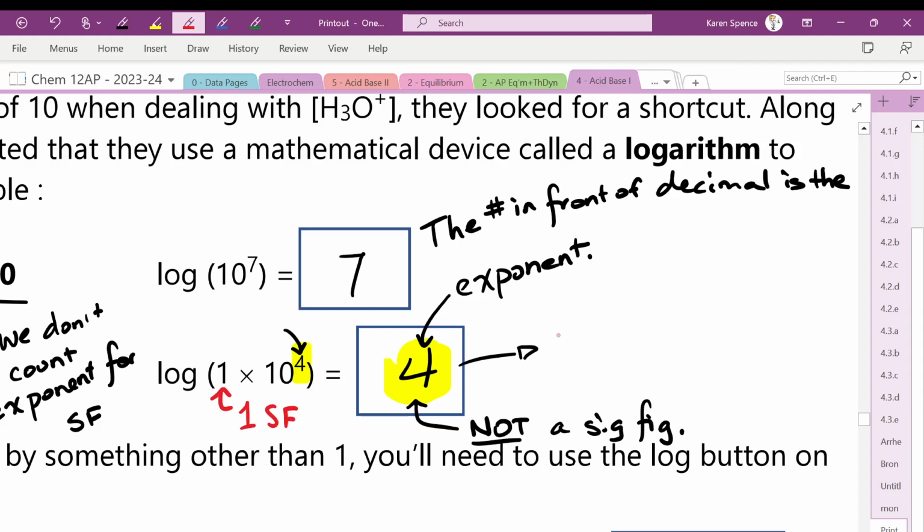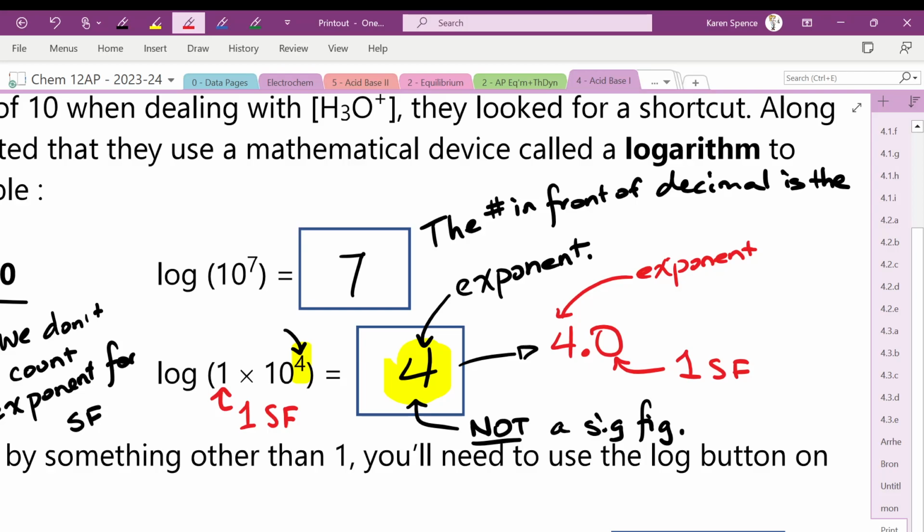So I would have to write 4.0, because this is the exponent, and then this is 1 sig fig. So whenever we've done a log on something, we start counting significant digits after the decimal. Numbers before the decimal are the power of 10. Okay?